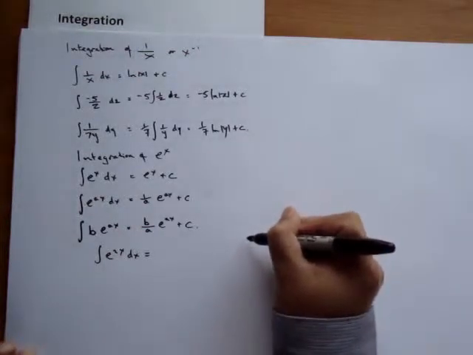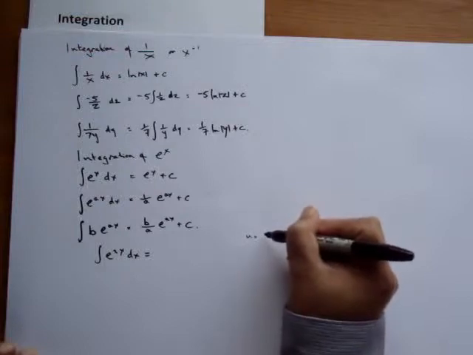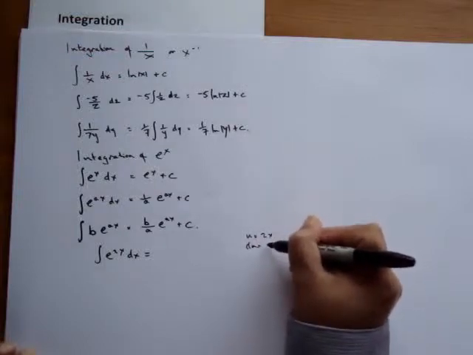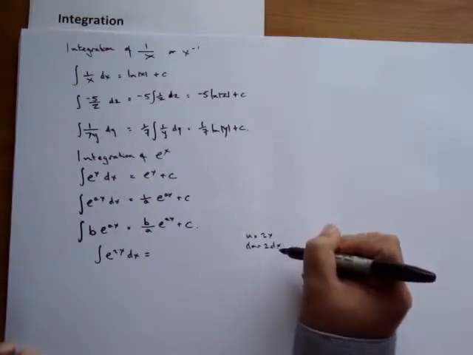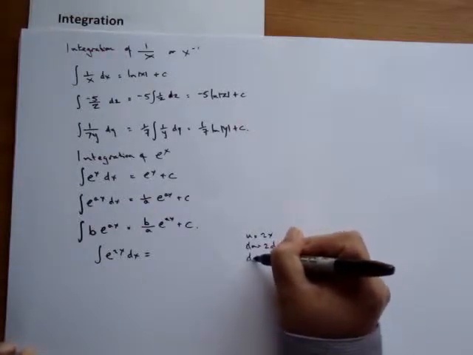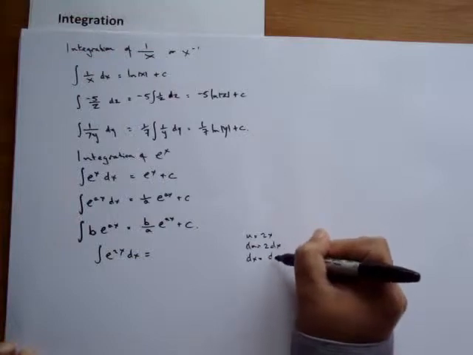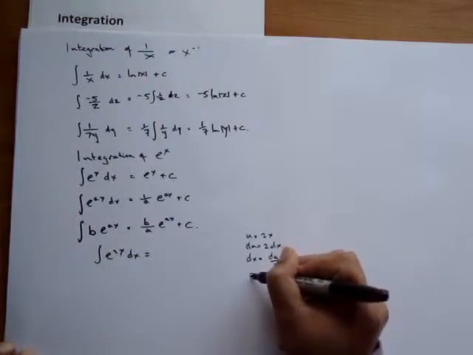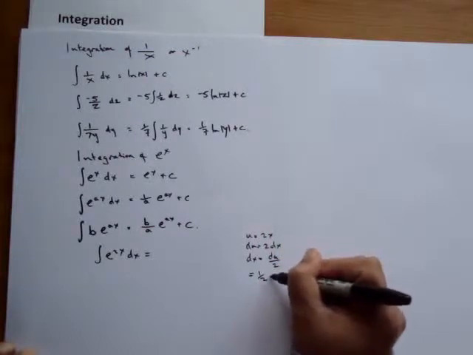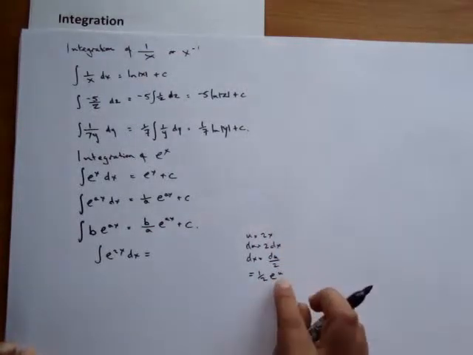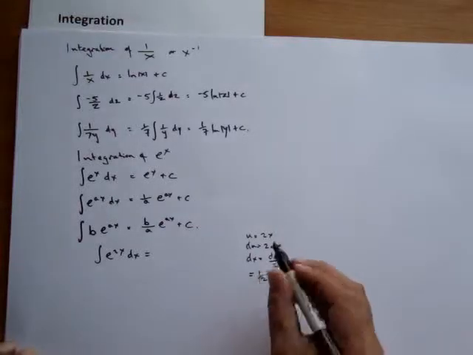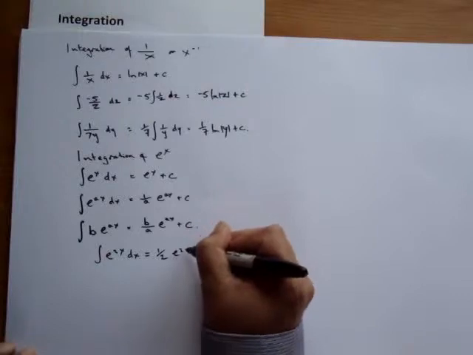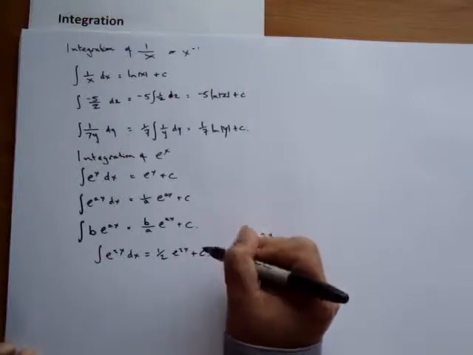Let u equal 2x, du equals 2 dx, so dx equals du over 2. So this is then a half e to the u, and when we substitute the u back we get a half e to the 2x plus c.